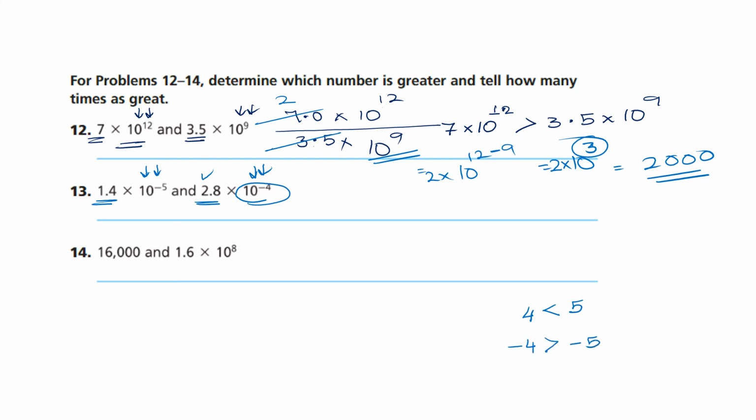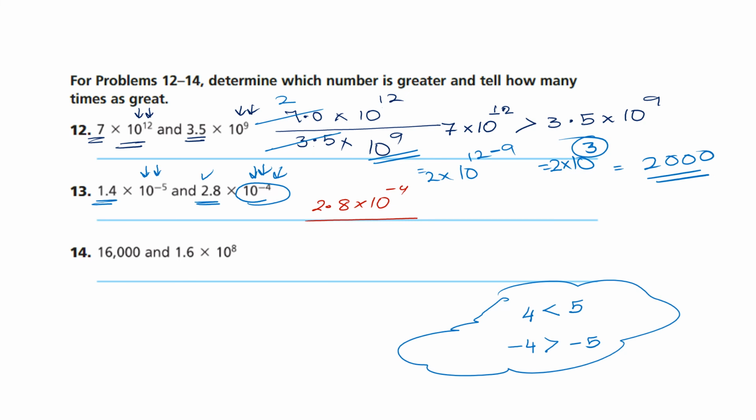Remember this thing, because a negative number that is smaller in magnitude is greater than the negative number with the larger magnitude. Okay, so which one is the bigger one? The bigger one is 10 power negative 4. So write it on the top. So we will write 2.8 into 10 to the power of negative 4. And in the denominator, we will write 1.4 into 10 to the power of minus 5.